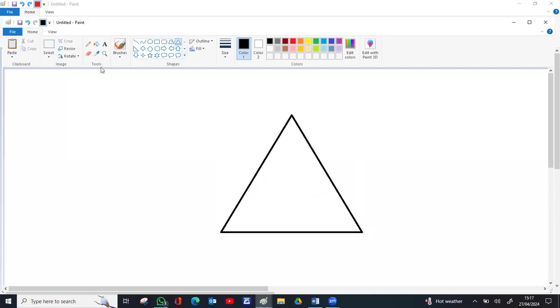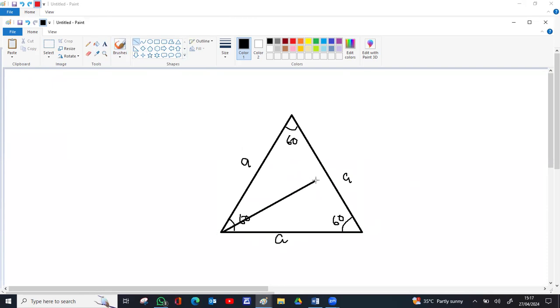If this is a triangle with side a, an equilateral triangle, all sides are the same, and all these angles are 60 degrees. You can learn the value by heart, but in case you forget, there is a method.